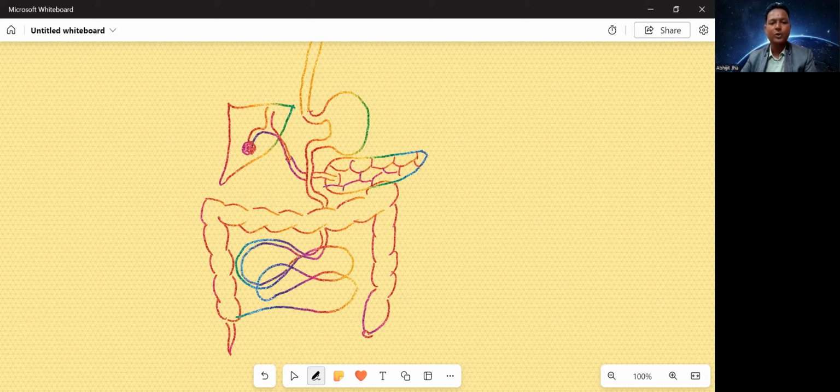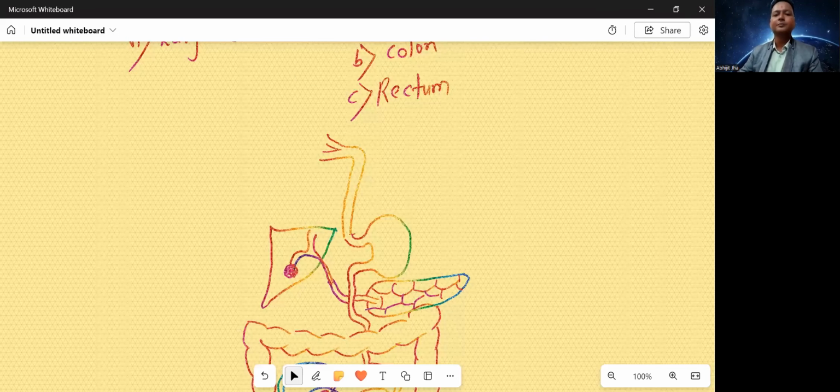And with practice, you can definitely make the diagram very well. Diagrams are of utmost importance in biology, because if you remember the diagram, then you don't need to remember each and every part of the digestive system. So let's start drawing it from the beginning.